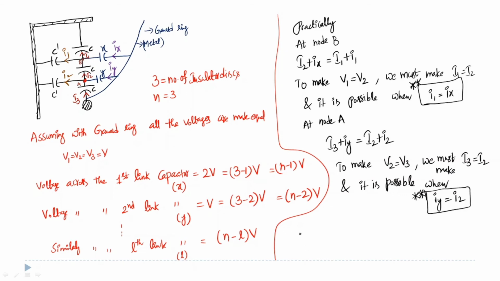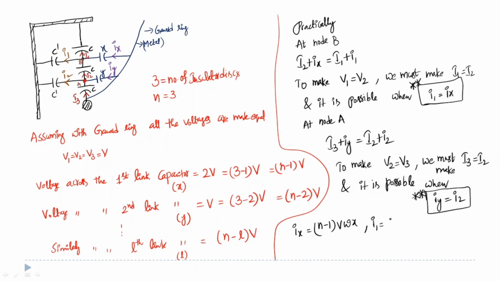We know that Ix is equal to the voltage across capacitor X, which we have seen is N minus 1 into V, multiplied with omega into X. And also, what is I1?